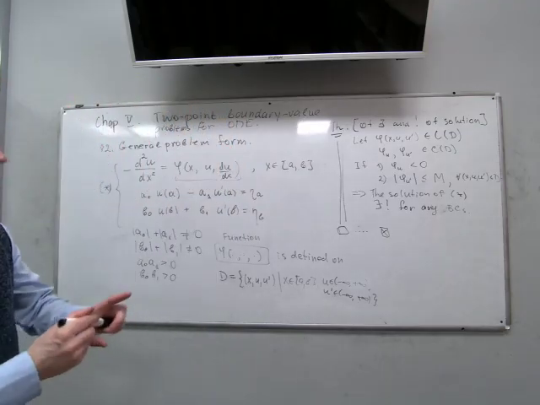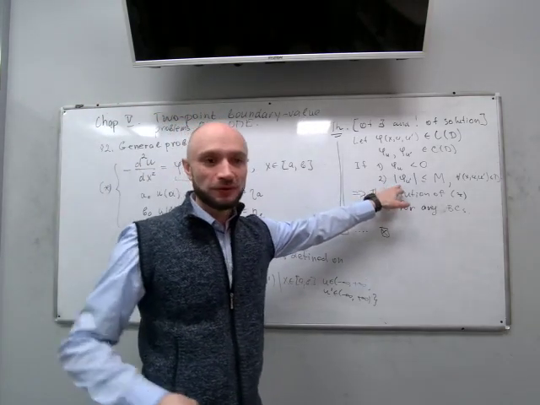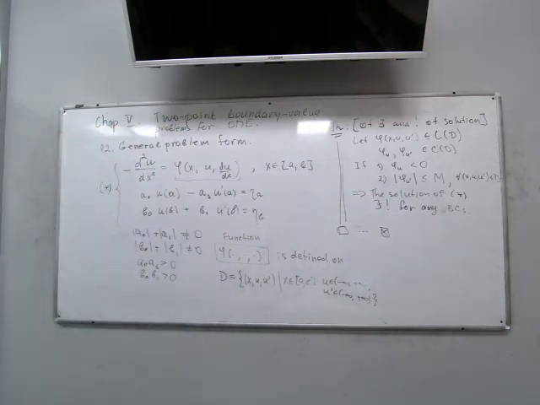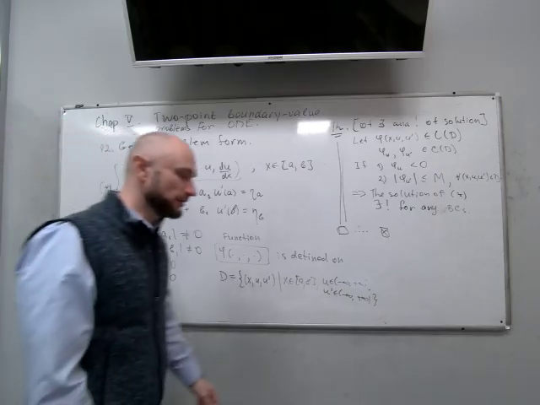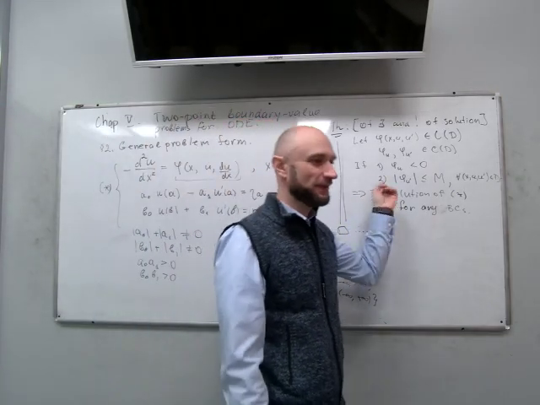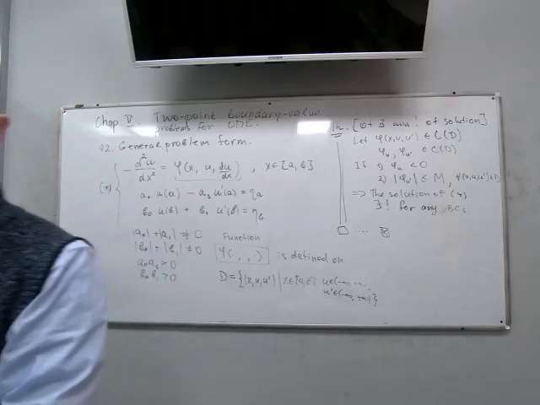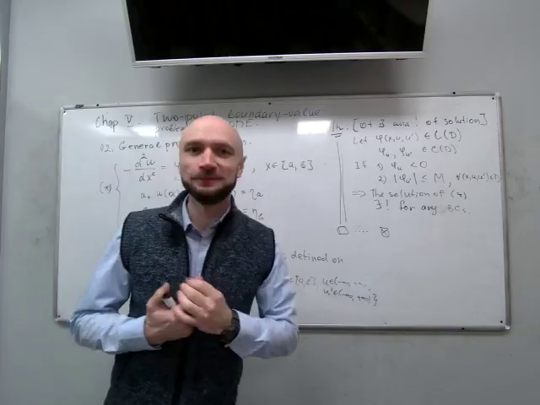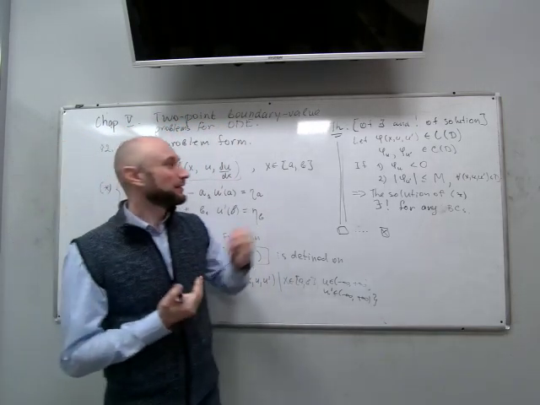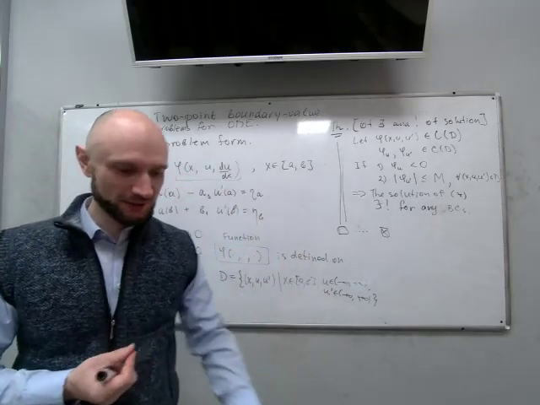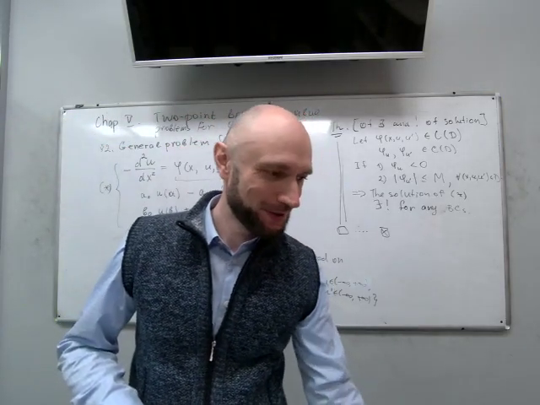But before solving the problem, we have to think whether we can guarantee that the solution exists and is unique, or we cannot guarantee. What happens if we see that our problem does not satisfy these conditions? Can you tell me what happens? What should we do next? If we take the problem and see that it does not satisfy these conditions, what's our next step?